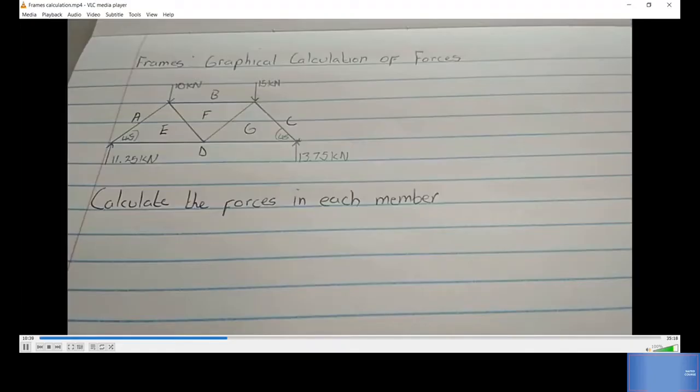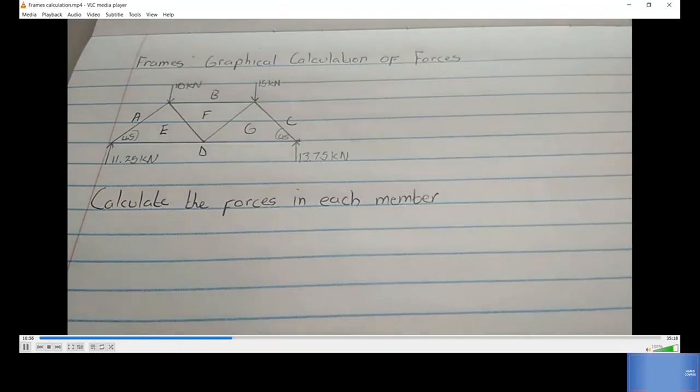So today we'll be continuing on our topic of frames, graphical calculation of forces. Now the typical question would be to calculate the forces in each member. Now let's get right into it.